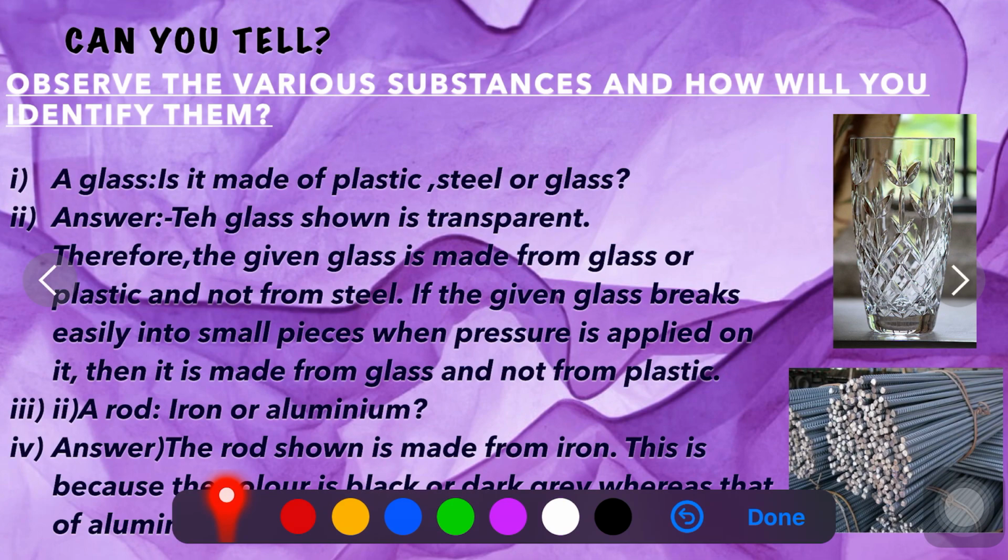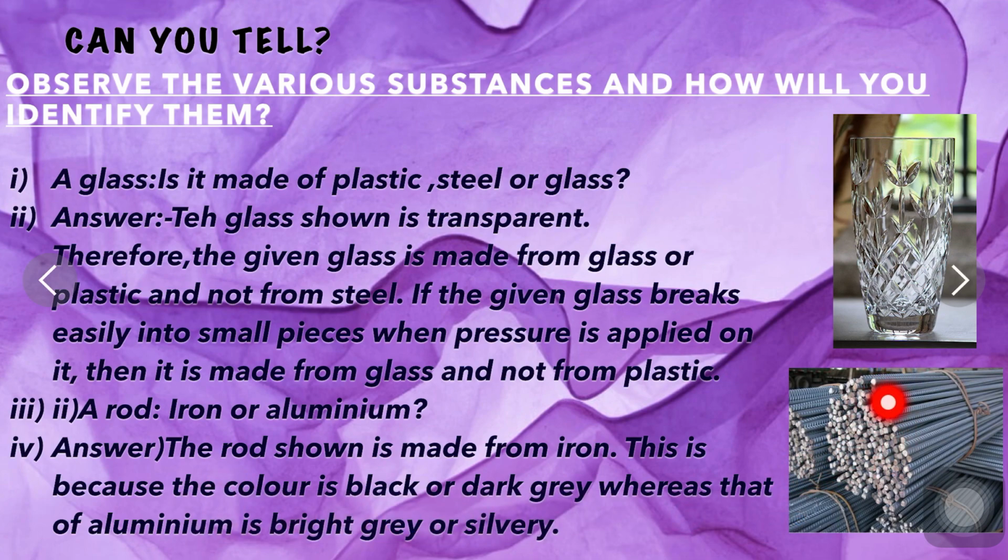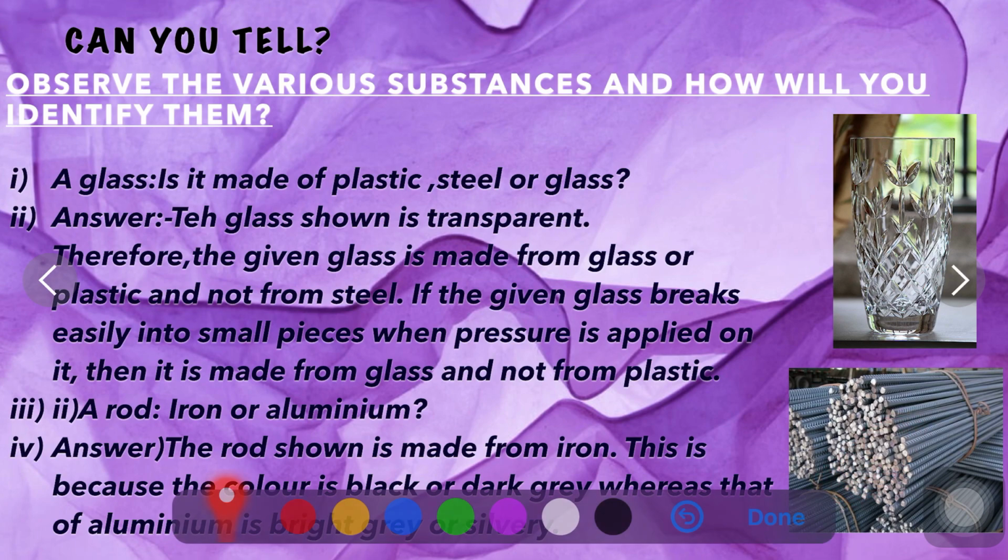The next is a rod. Is it iron or aluminium? The rod shown is made from iron. This is because the color is black or dark grey, whereas that of aluminium is bright grey or silvery.